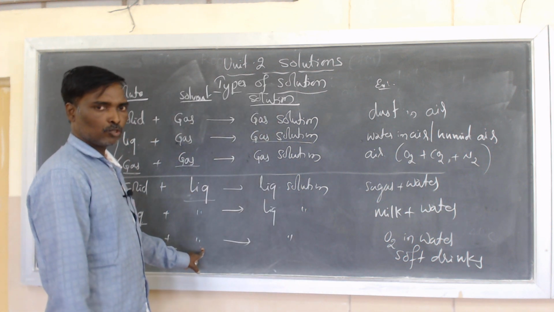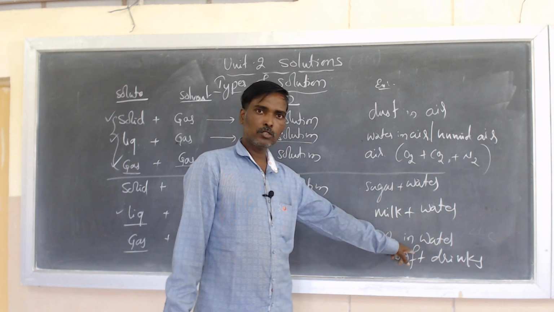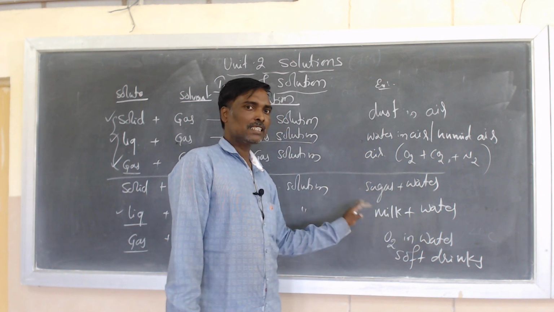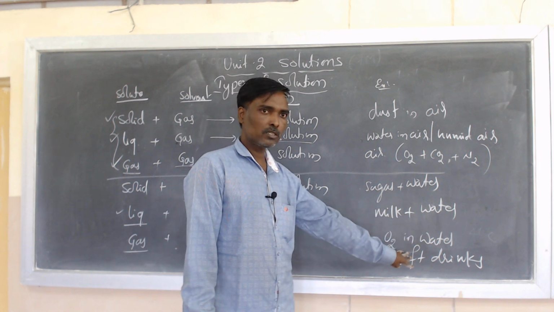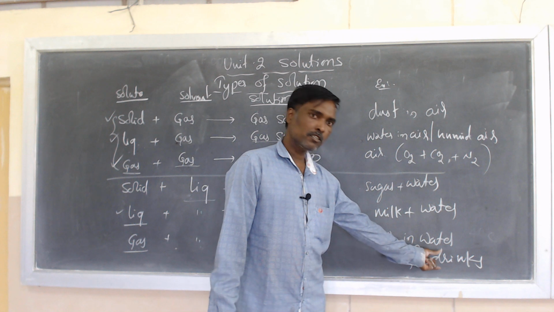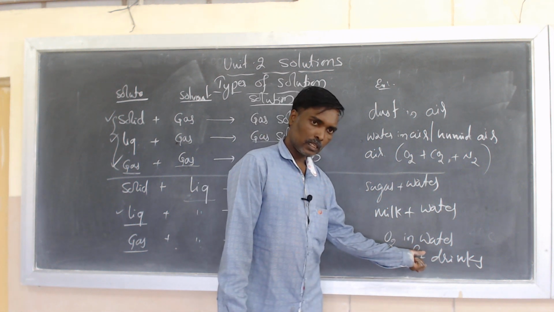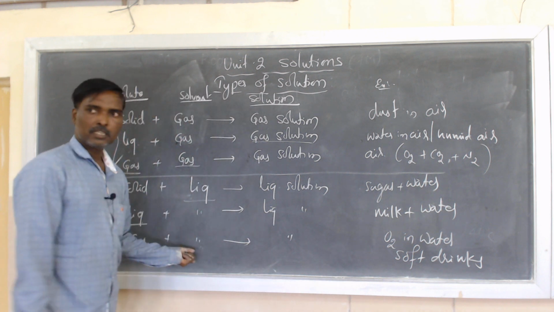Gas in liquid: the best example is dissolved oxygen in water, or other gases dissolved in water, or soft drinks. In soft drinks, carbon dioxide is dissolved in water, which is an example for gas in liquid.